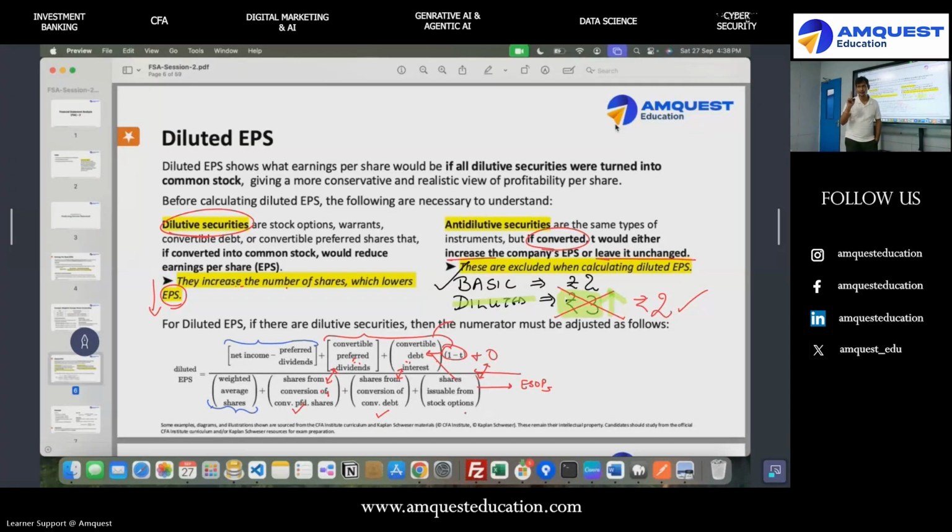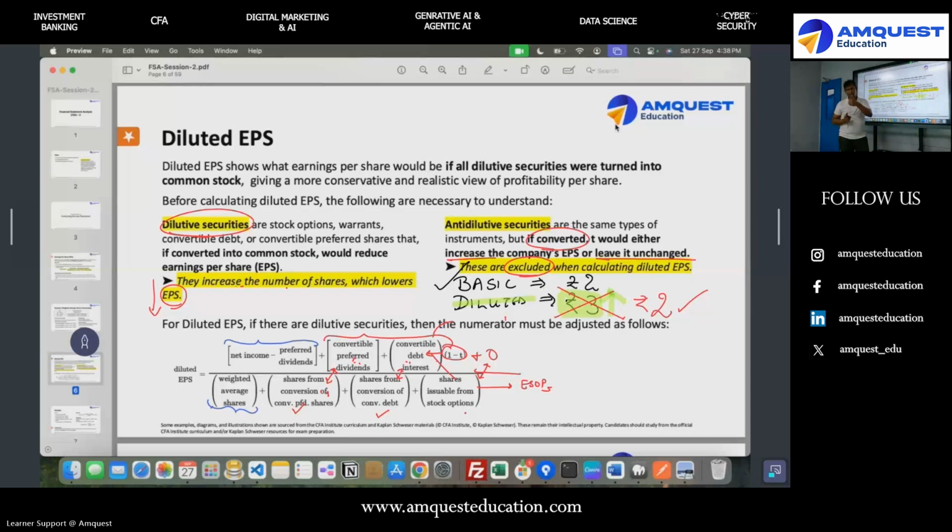So what's my key learning? Only when diluted is going down, you report. If diluted is not going down but remains the same or goes up, you need to exclude. So you have to compute but report what is truly diluted. In a sense, you need to report either the same as basic or lesser than basic. You cannot report more than basic.